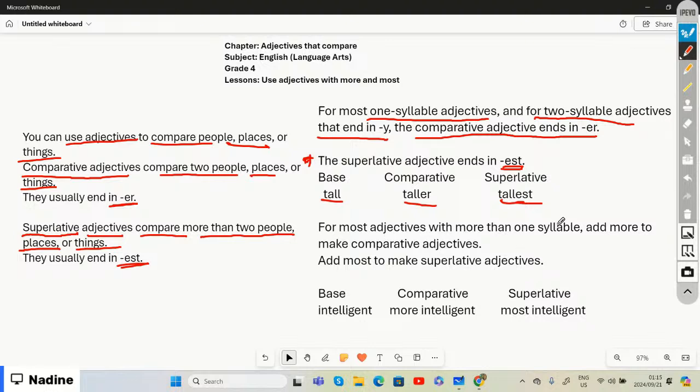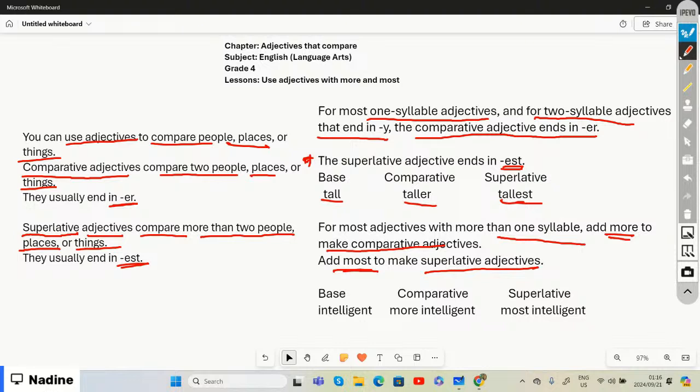And then for most adjectives with more than one syllable, all we do is add more to make the comparative adjectives, and we add most to make the superlative adjectives. If we look at an example like intelligent, intelligent has got four syllables.